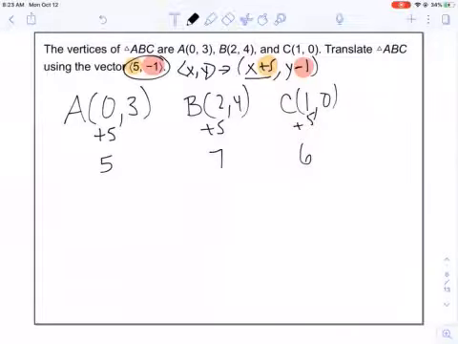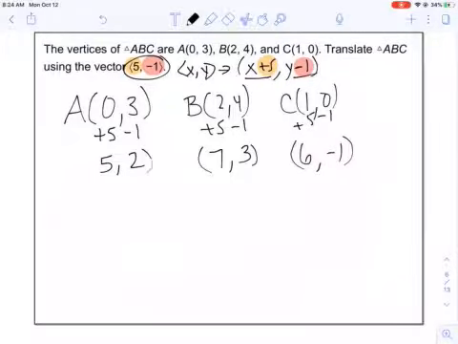Then I subtract 1 from my y's. Now, something we'll use a lot is what we call primes. It tells us that a transformation's happened. So we call this new point A prime, this one B prime, and this one C prime.